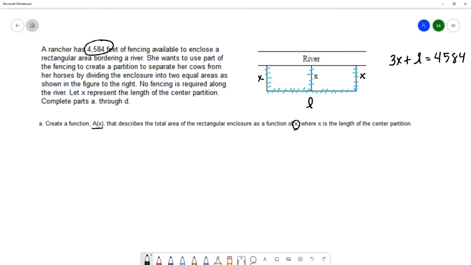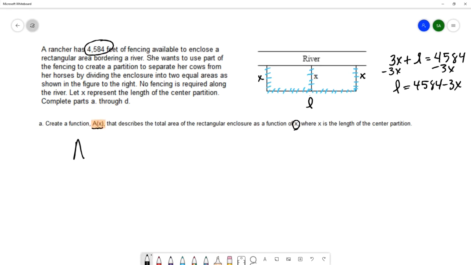I'm going to solve for the length, and that's subtracting 3x on both sides. That gives the length equals 4,584 minus 3x.